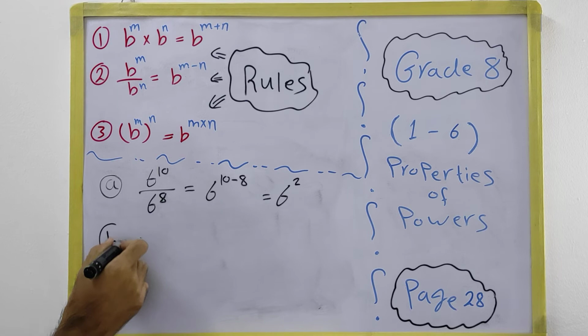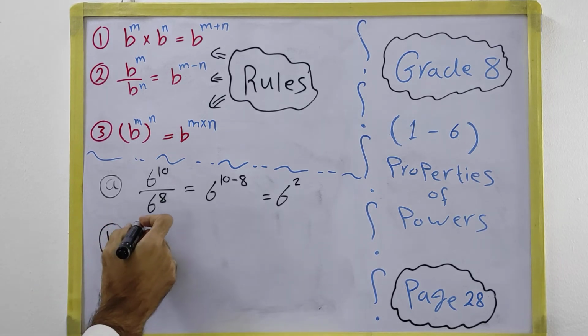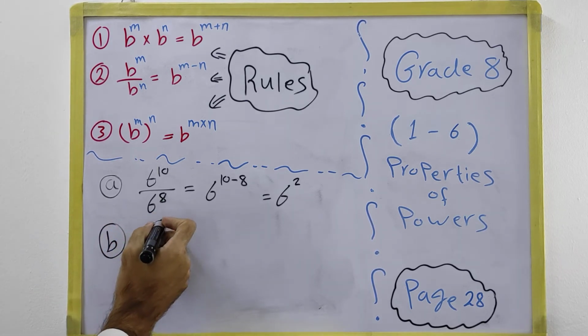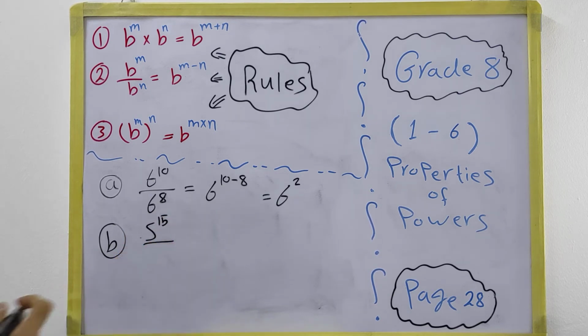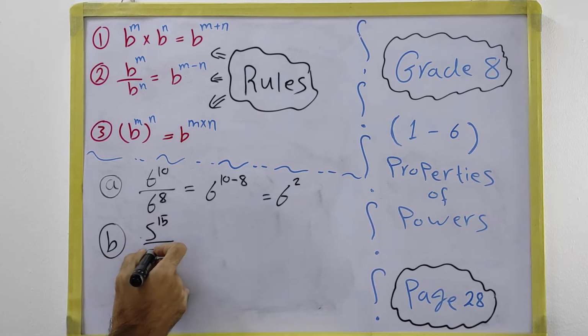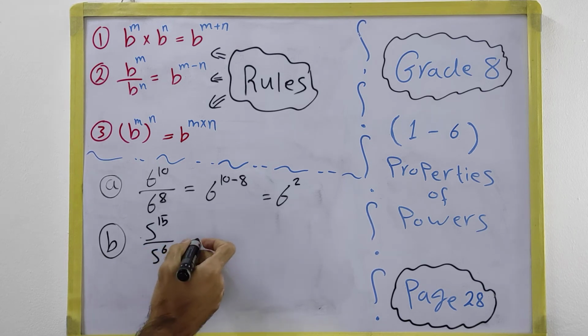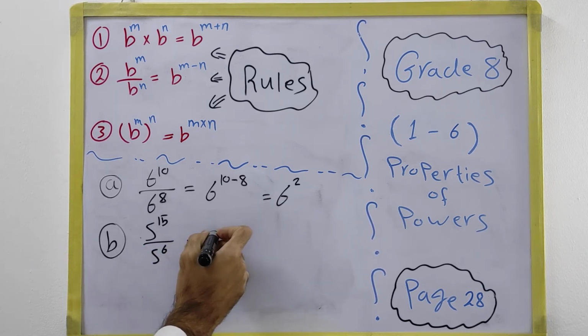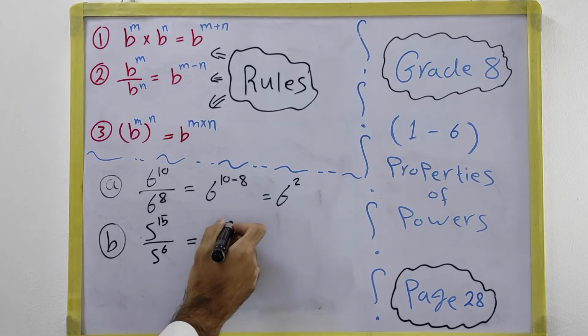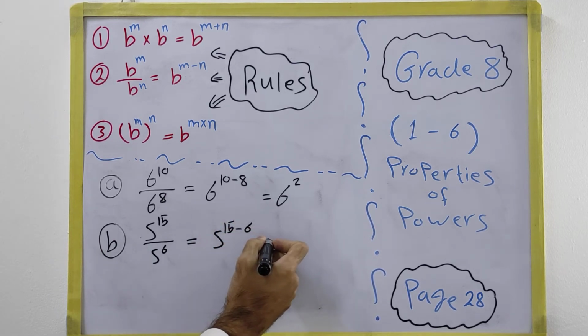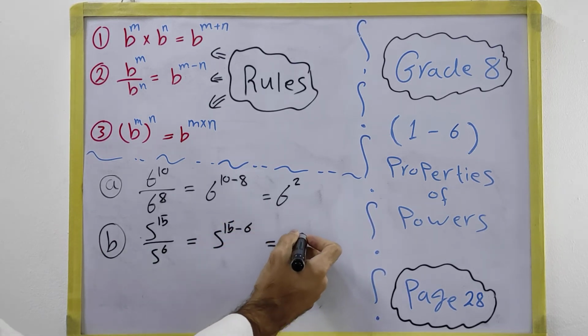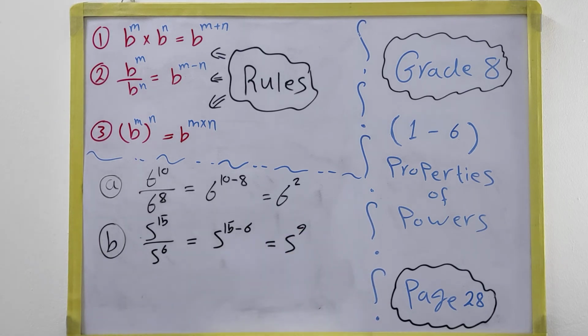Or if it's about the letters, about the unknown values, let's say s to the power of 15 over s to the power of 6 equals s to the power of 15 minus 6, which would be s to the power of 9.